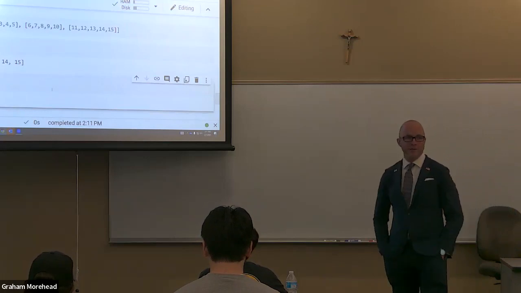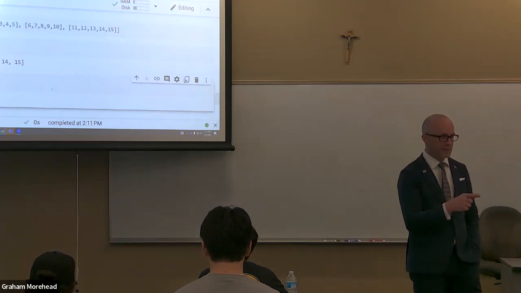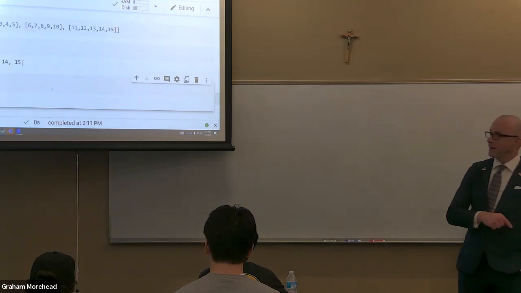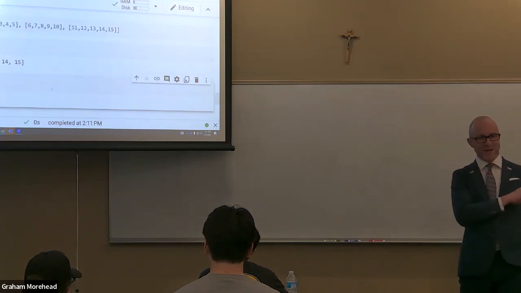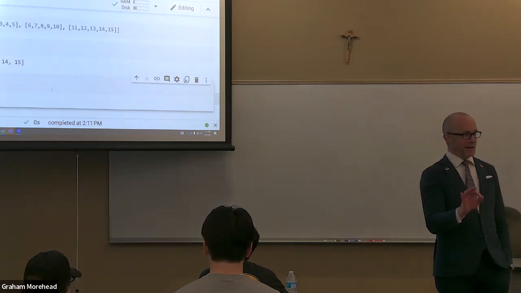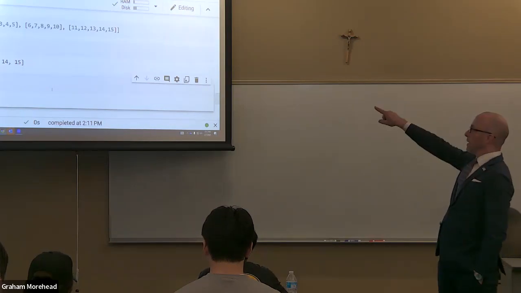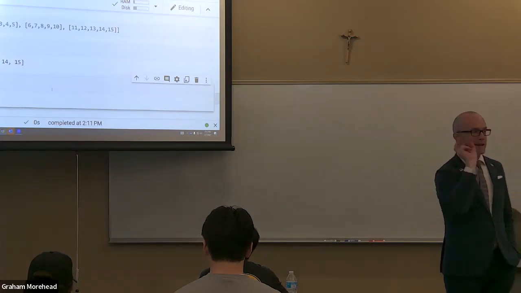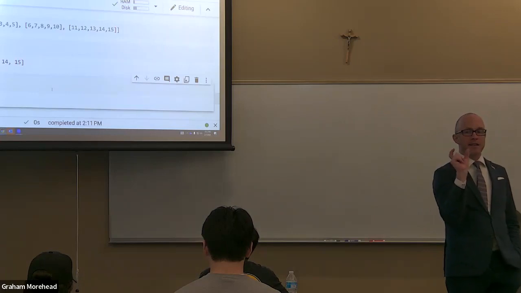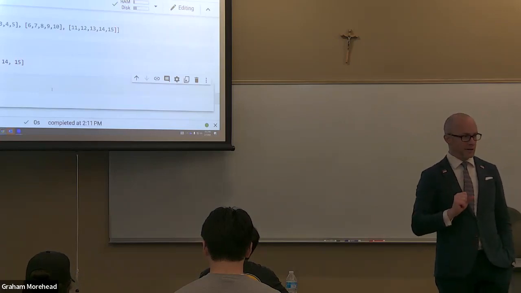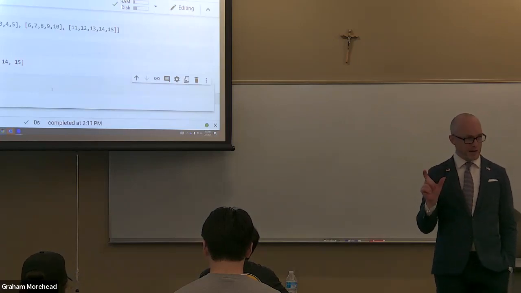Try that out. That's a good question. So I want you to play with this a little bit and see what range you have to put in that second square brackets to get the entire list for that subset.